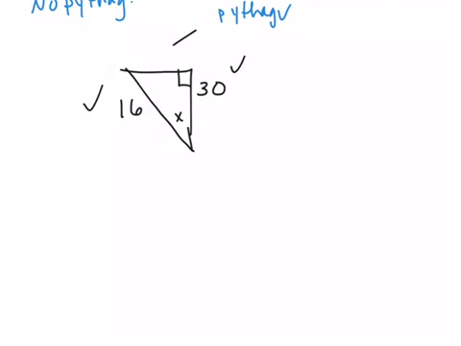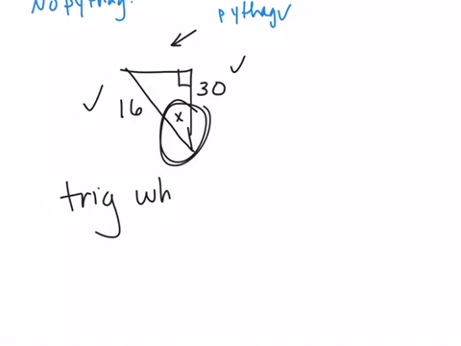Are we looking for the third side? No, we're looking for the angle. So if we're looking for the angle and we have two sides, we're going to have to use trig. So use trig when you're looking for the angle. That's black and white. Anytime you're looking for the angle in a right triangle and you have two sides and only the 90 degrees, then that's what you have to do.